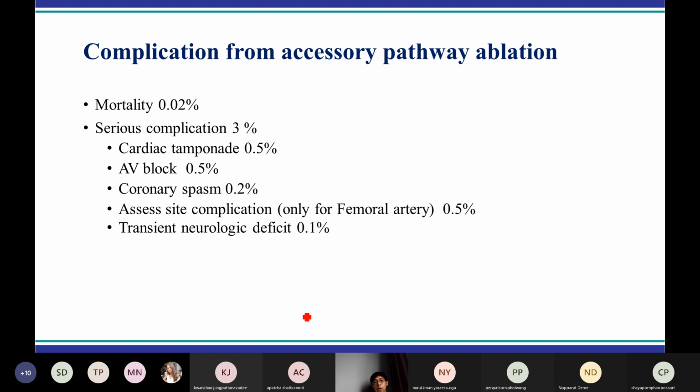There are complications related to femoral artery puncture, such as large hematoma or bleeding in the abdomen. There's a risk of transient neurological deficit around 0.1%, which is a stroke or TIA.